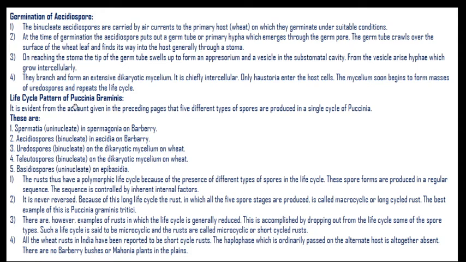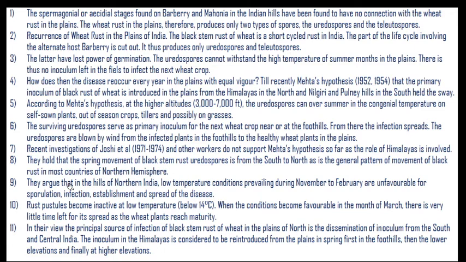The life cycle pattern of Puccinia depends on 5 different spores: spermatia, which are uninucleate, in spermagonia on barberry plant; then aeciospores, binucleate, in aecia on barberry plant; then urediospores, binucleate dikaryotic mycelium on wheat plant; teliospores, binucleate dikaryotic mycelium on wheat plant; and basidiospores, uninucleate, on the epibasidium. In this way they can complete their life cycle.